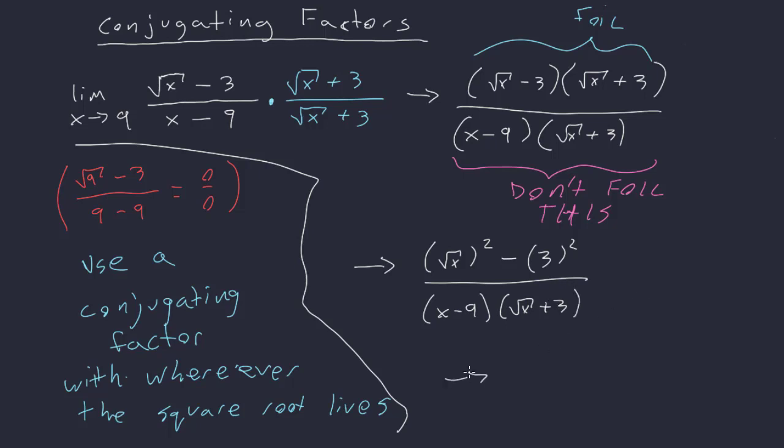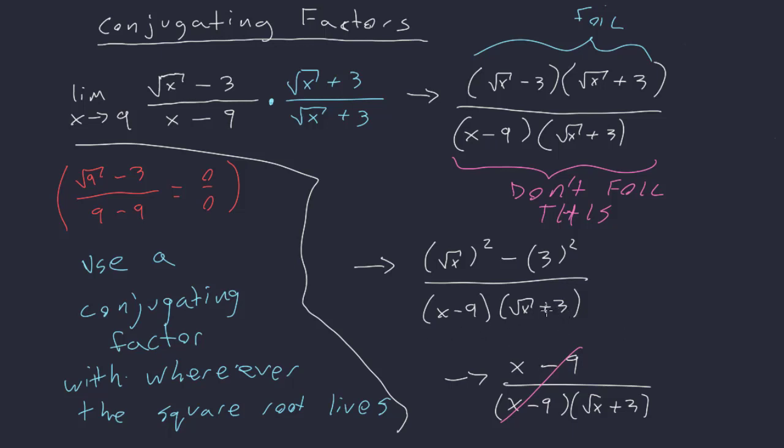Which will simplify down to square root of x squared is x, minus 3 squared, which is 9, all over x minus 9 times the square root of x plus 3. Okay, and now the x minus 9s cancel, and this is why we don't mess with the denominator.